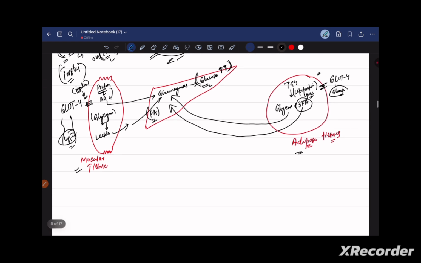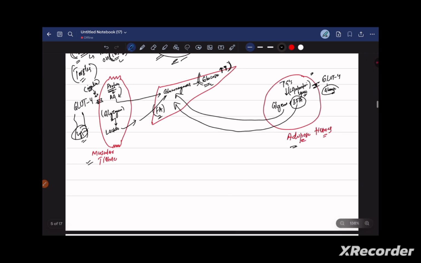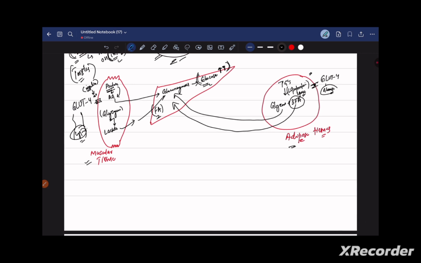But now in this state there is one situation. When the tissues are not getting insulin, they are not using the glucose, and there is a change in a balance. What is the balance? When the insulin level goes down, the body switches to counter-regulatory hormones like glucagon, cortisol, epinephrine and growth hormone.